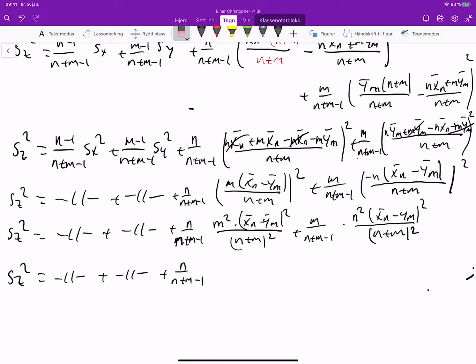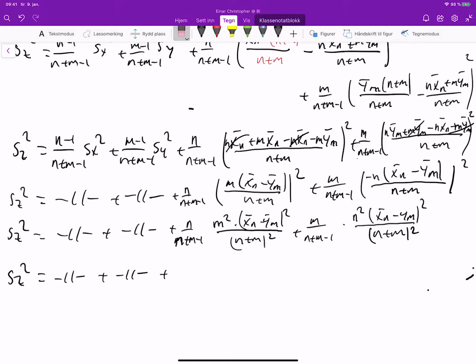Okay, we'll take one more step here. So I actually write, we can see we have the same numerator in both the two last terms.